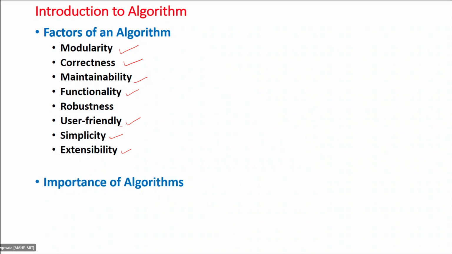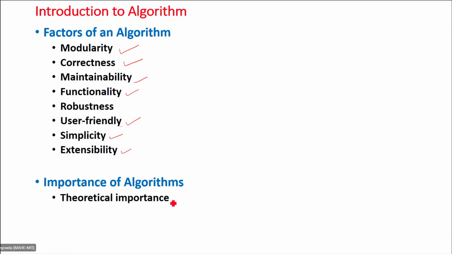Let us see the importance of algorithm. The first importance of an algorithm is theoretical importance. When any real world problem is given to us and we break the problem into small modules, to break down the problem, we should know all the theoretical aspects.